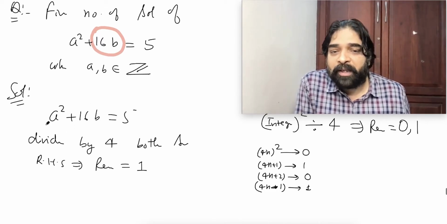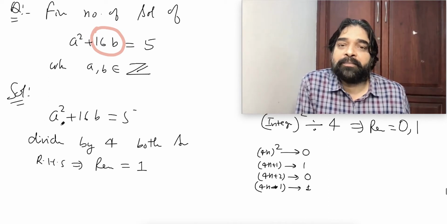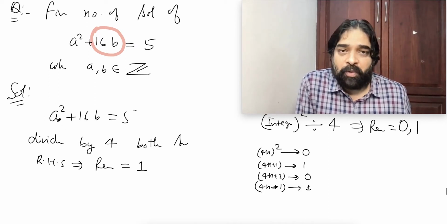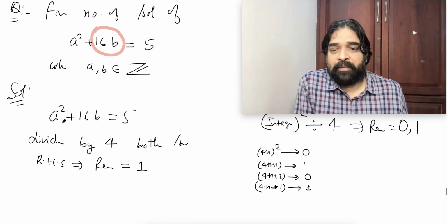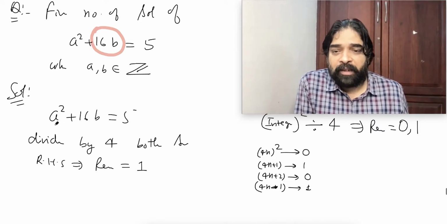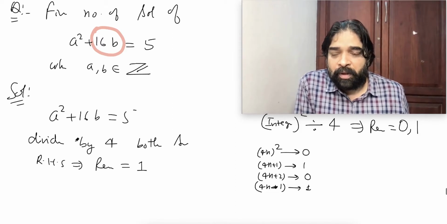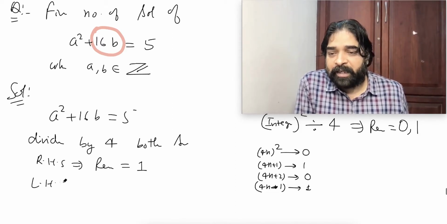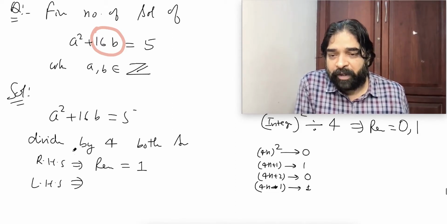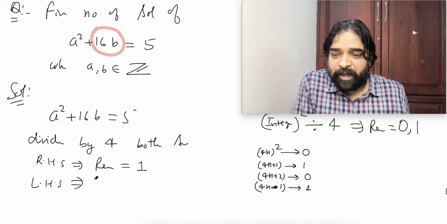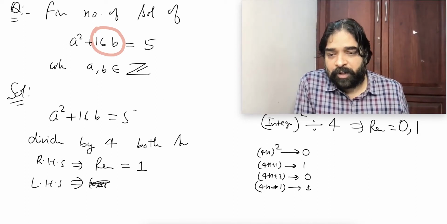And what is the remainder here? Either 0 or 1. Think carefully. A square, if you divide, the remainder will be either 0 or 1.